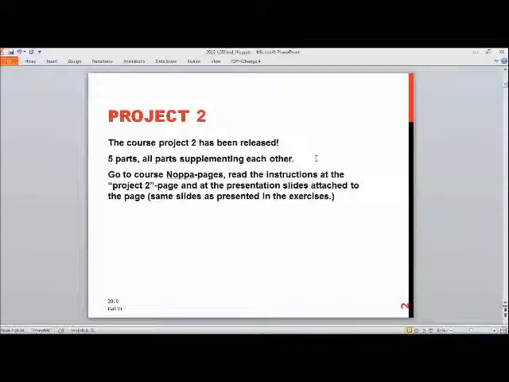So keep in mind that if you want to design something, for example in part 3, it has to be similar or same design than in parts 2 and part 1, and also follow the same initial ideas you used in earlier parts in the latter parts. Anyway, the Project 2 instructions are online, so go to the Noppa pages and the Project 2 subpage, read that page and start to do your work.